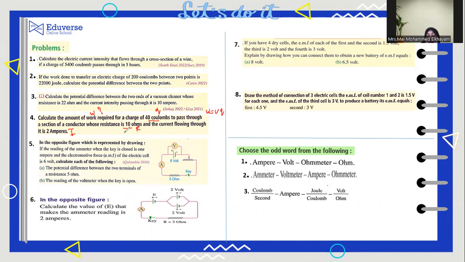So I have to calculate the potential difference from Ohm's law, which is V equals R I equals 20 volt. Now let's substitute here. It is 20 multiply 40, so the work done equals 800 joules. Don't forget the units. Let's clear that.